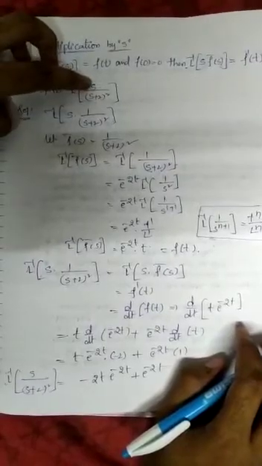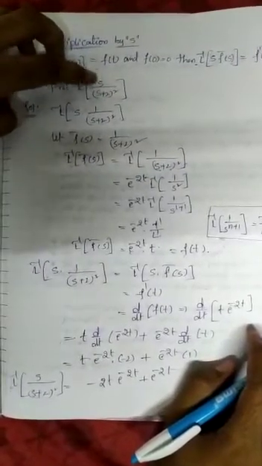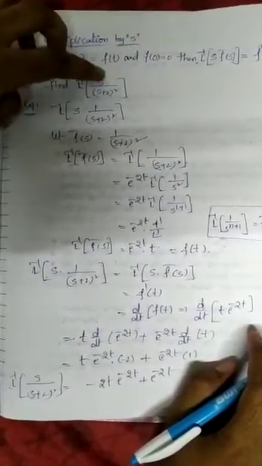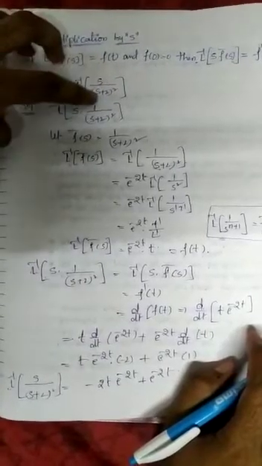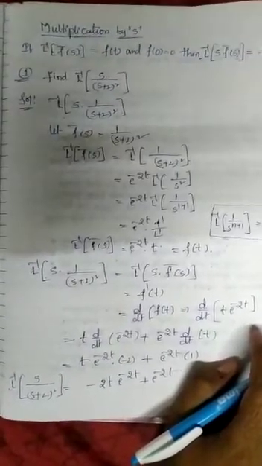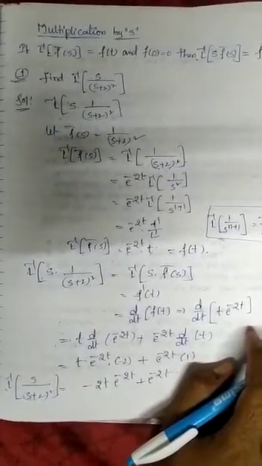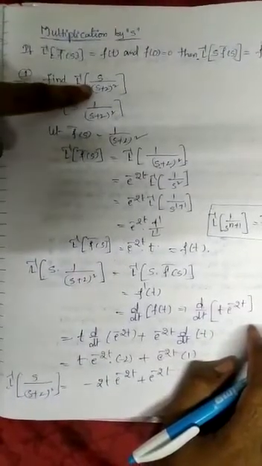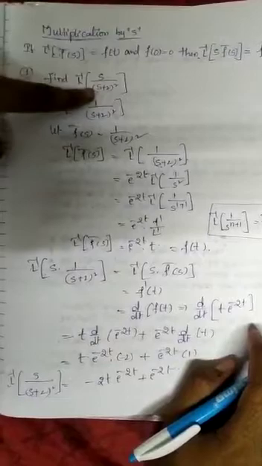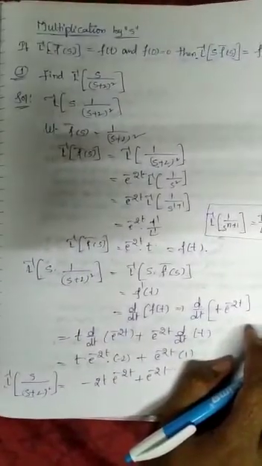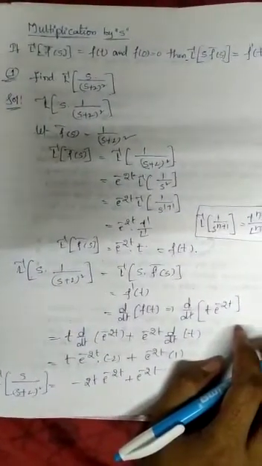Write the numerator as s plus 2, add and subtract, s plus 2 minus 2, then divide the numerator by the denominator, then use the first shifting property, then apply Laplace inverse. So we can use the first shifting property for this problem, and we can also solve it by using multiplication by s. It is up to you which method to use.